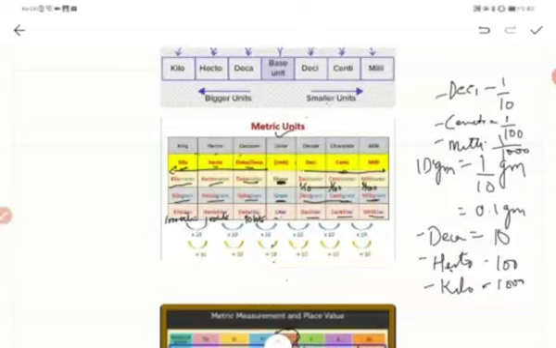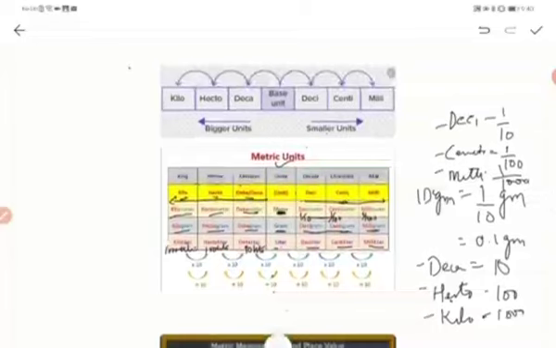to understand how much measurement is mentioned, whether it is distance, so meters is the measurement of distance, gram is the measurement of weight, and liters is the measurement of capacity, that is, you are measuring capacity of liquids mainly.